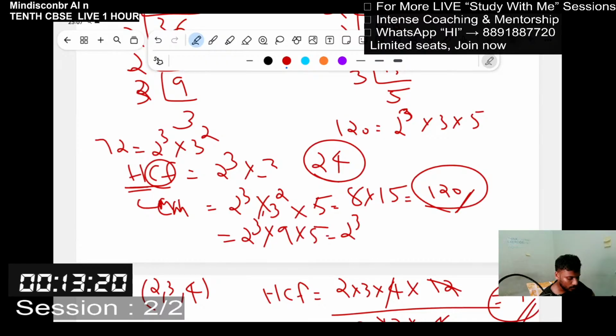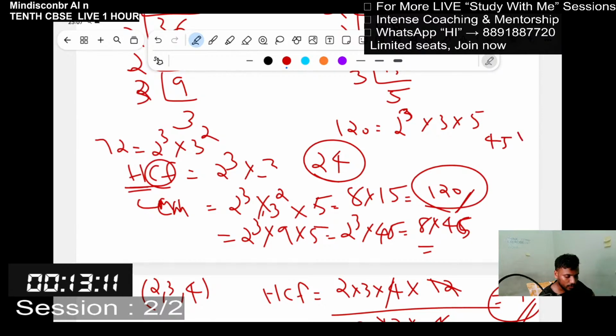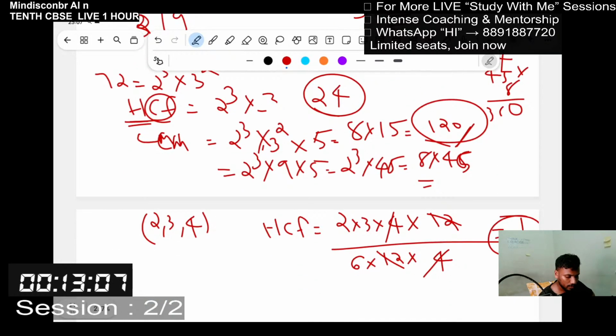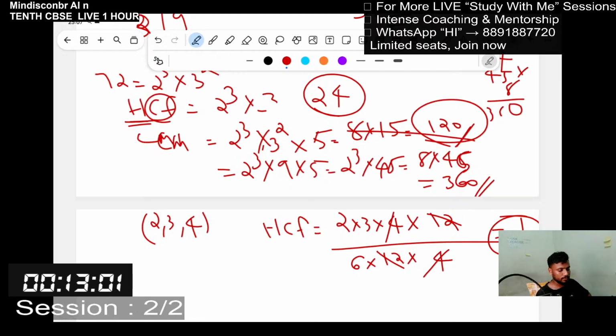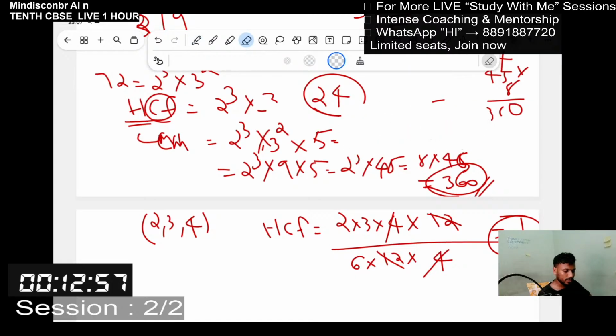That is 2 cube into 45. That is 8 into 45, which is 360. Therefore the answer is 24 and 360.